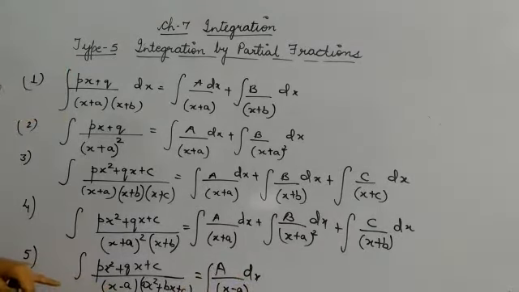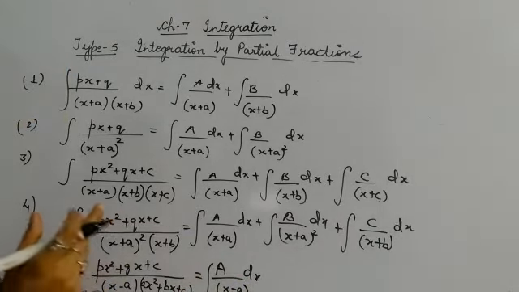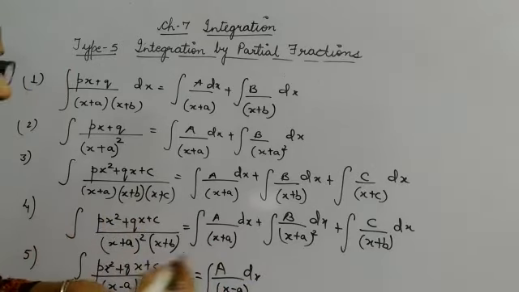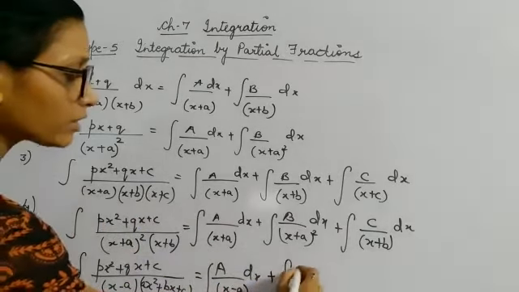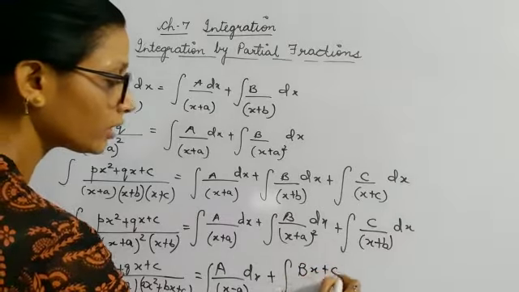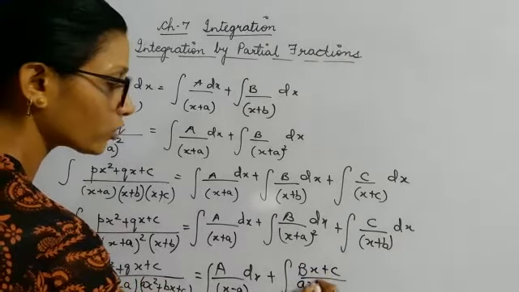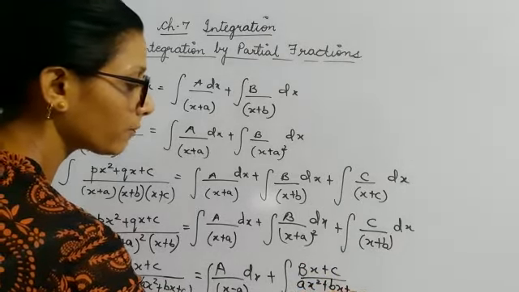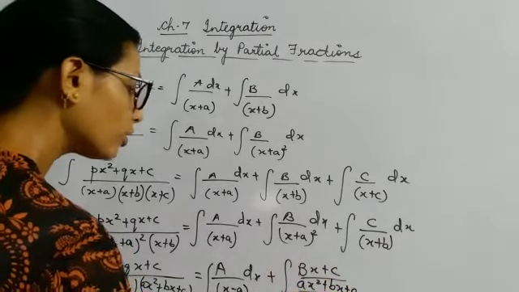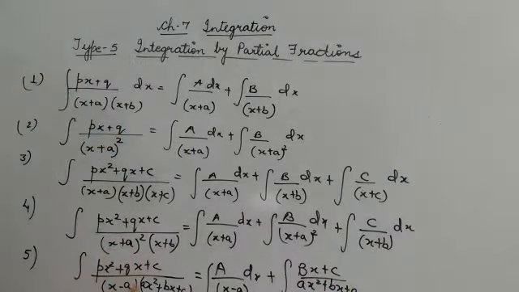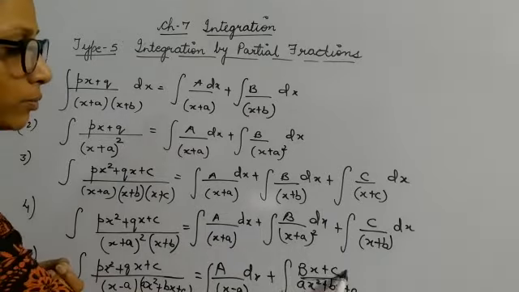But whenever it is a quadratic polynomial that you cannot convert into factor form, then you will write (Bx plus C) upon (ax square plus bx plus c). Children, you have to be careful whenever the denominator is given in quadratic polynomial form; then you have to write it like this, Bx plus C.